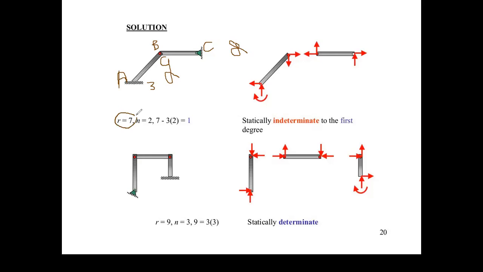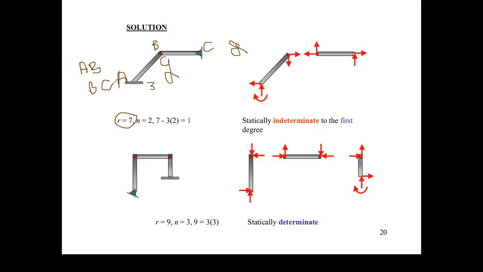How many members are there? Here two members are there. One member is AB, and the second member is BC. So the number of members is two, AB and BC.